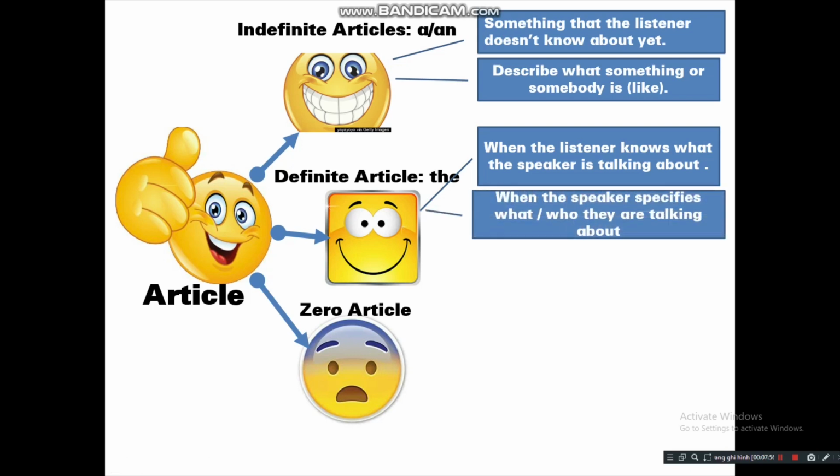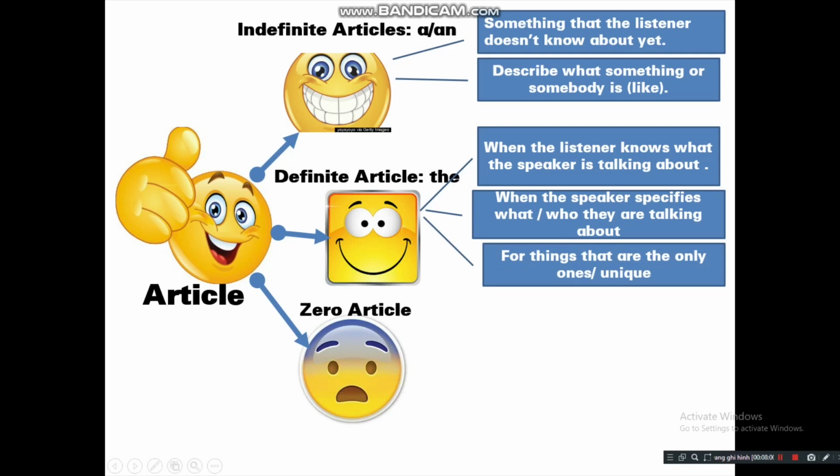In the definite article case, it is when the listener knows what the speaker is talking about, or when the speaker specifies what or who they were talking about. Or it's also for things that are the only ones, or it is very unique.